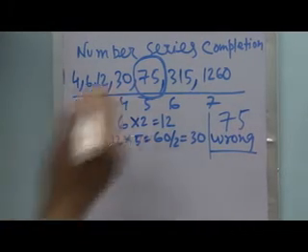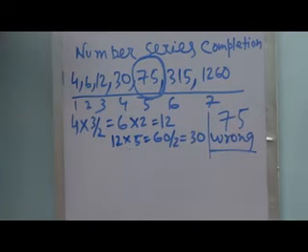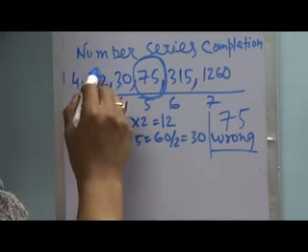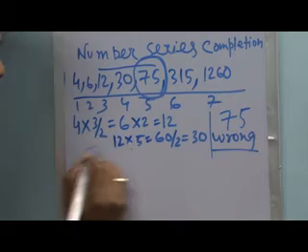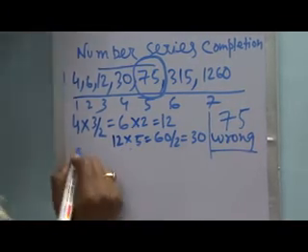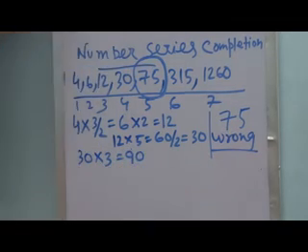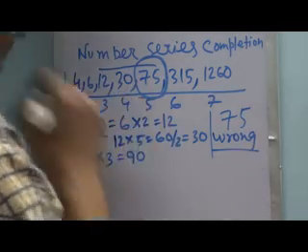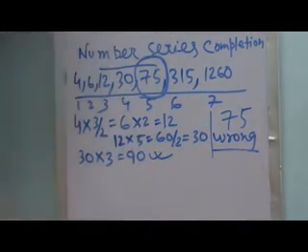Similarly, in the case of the numbers in positions 3, 4, 5, it is 12 into 5 by 2 equals 30, and then it should be 30 into 3 equals 90. So 75 will be replaced by 90, which is the correct answer.